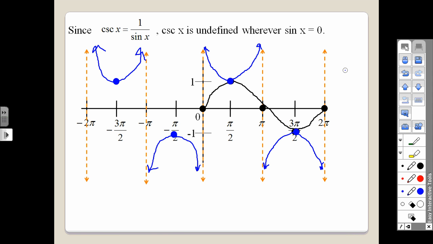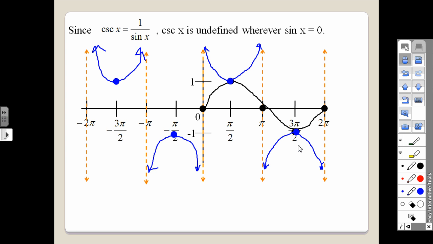Okay, now if we were going to have a period change or a phase shift in the horizontal direction, you're going to work on that sine curve first to get your asymptotes. And then if there's an amplitude change or even a vertical phase shift, that's going to affect where these points are. So if you wanted to do the amplitude while you are doing your sine curve, that will help you out in figuring out where your max and mins are.